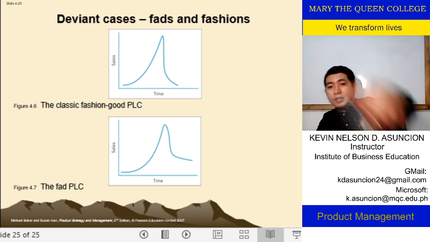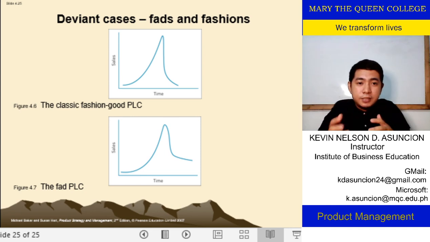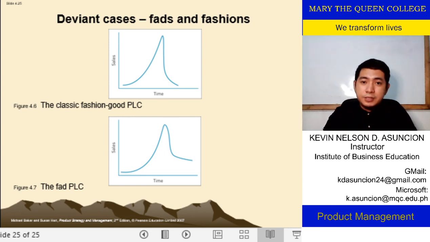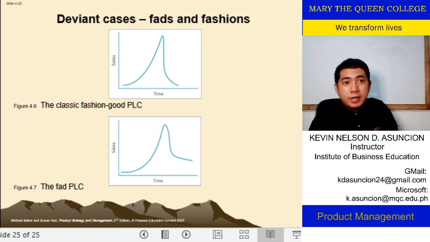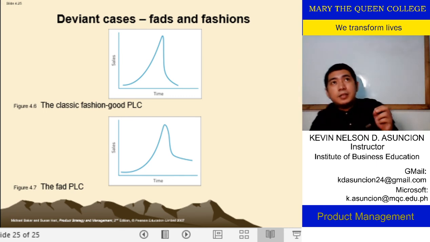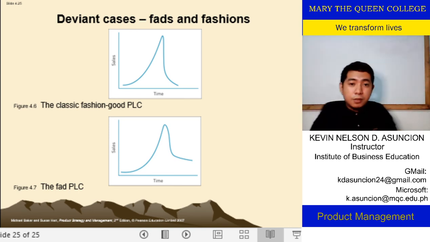So there's a slight curve there, but technically these circumstances are just telling us that the product life cycle is not ideal. That means the product is not sustainable, and there's a sharp upturn and downturn. These are the things presented into the market, and then just eliminated quickly.